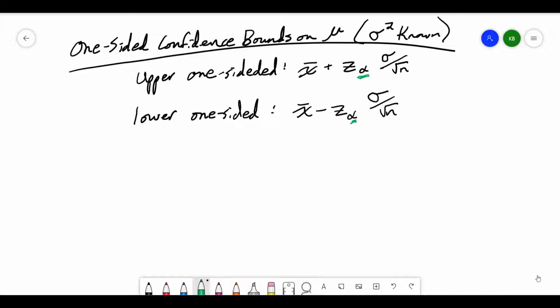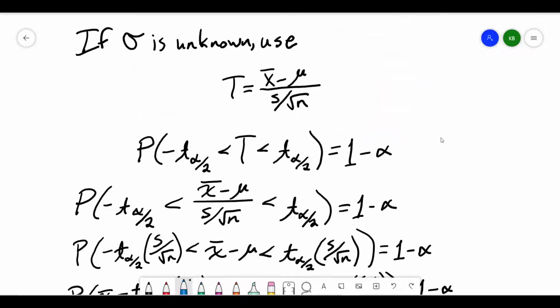And if we're taking the upper one-sided bound, then we're going to be adding our margin of error to our mean. And if we're looking for that lower one-sided bound, so something that we're guaranteed that everything falls above, we're going to be taking our mean and subtracting that margin of error that we have. Otherwise, everything about one-sided confidence bounds is pretty much the same as the two-sided version.